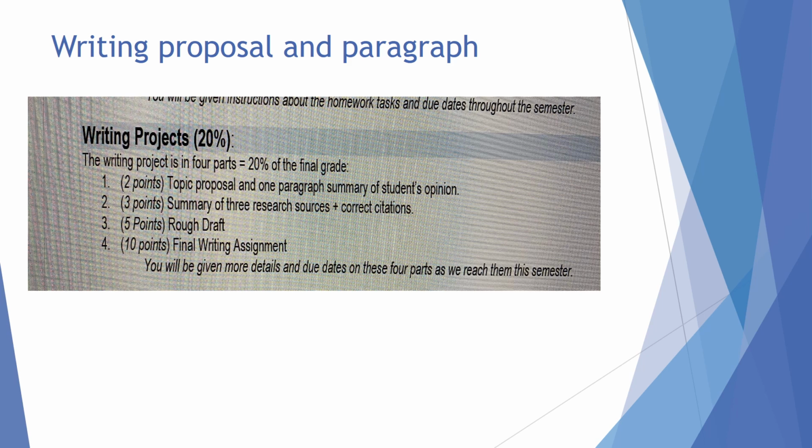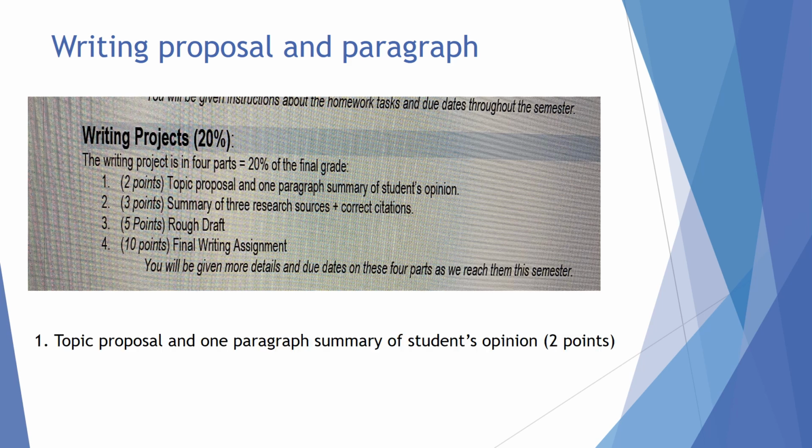It's time to start. So we're going to start with number 1. And number 1 is a topic proposal and 1 paragraph summary of students' opinion. This is worth 2 points of the 20%. Okay, let's keep going.